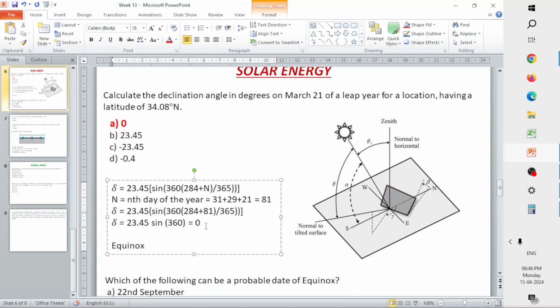So equinox is when the declination angle is 0, and solstice is when the declination angle is 23.45 degrees, of course. During the solstice you have 2 days.